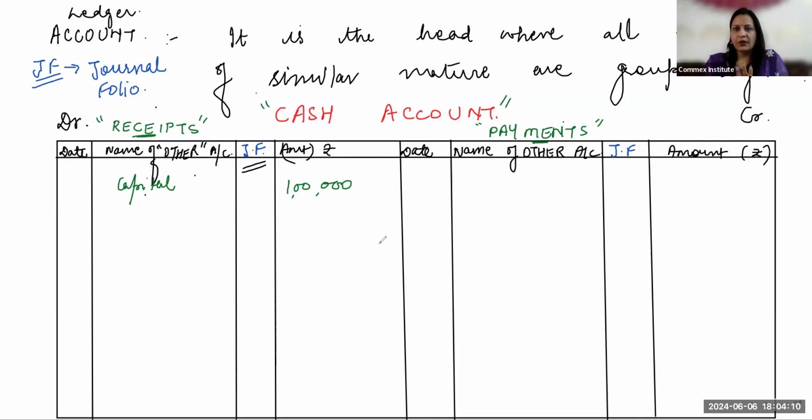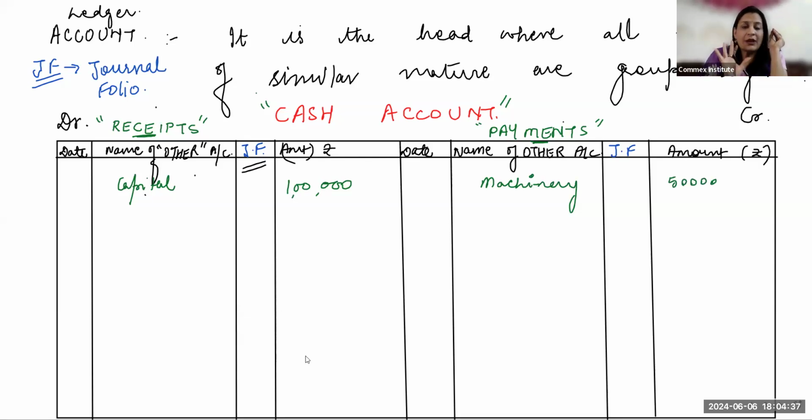Simple. Now, suppose machinery is purchased for running the business for 50,000. Which side am I going to put it, Priyanka? Payment side, so on the right-hand side. That will be in the name of machinery, and I'll put the amount as 50,000.